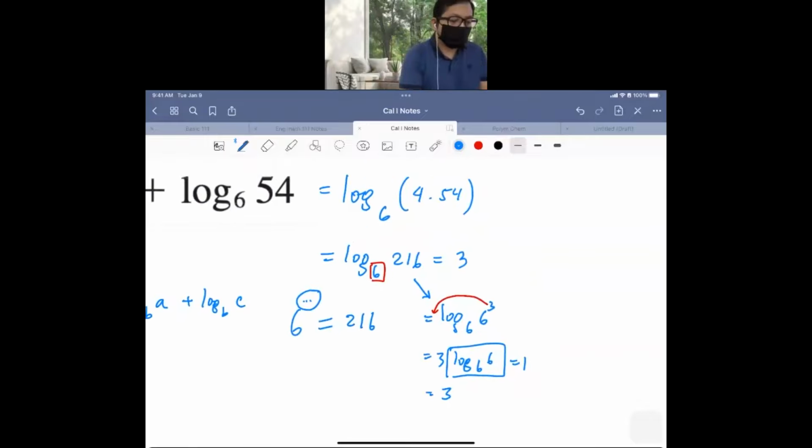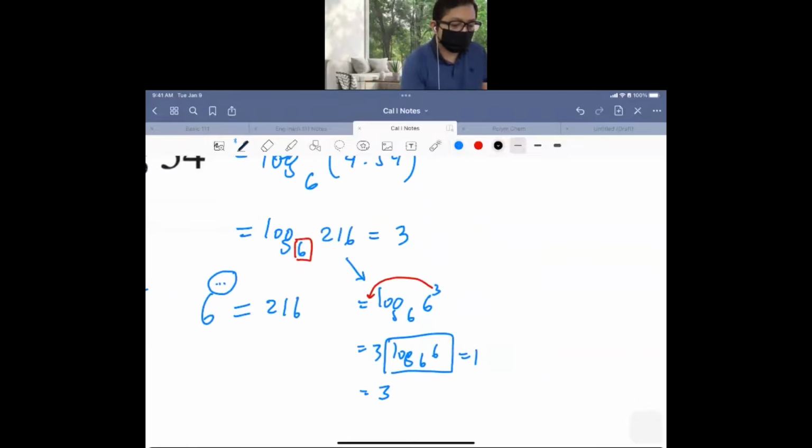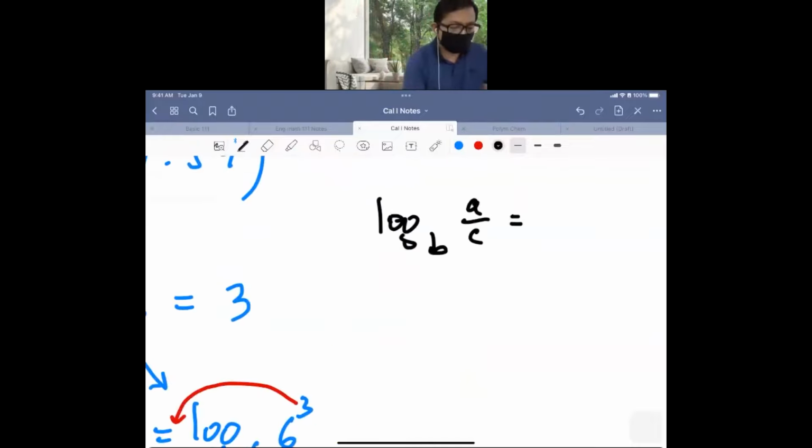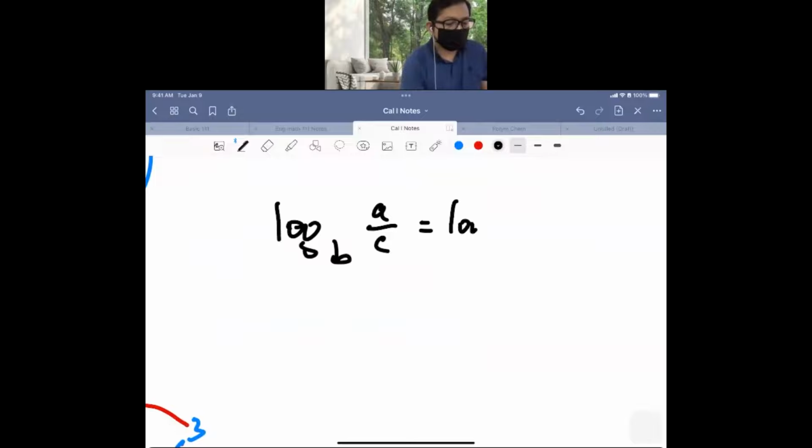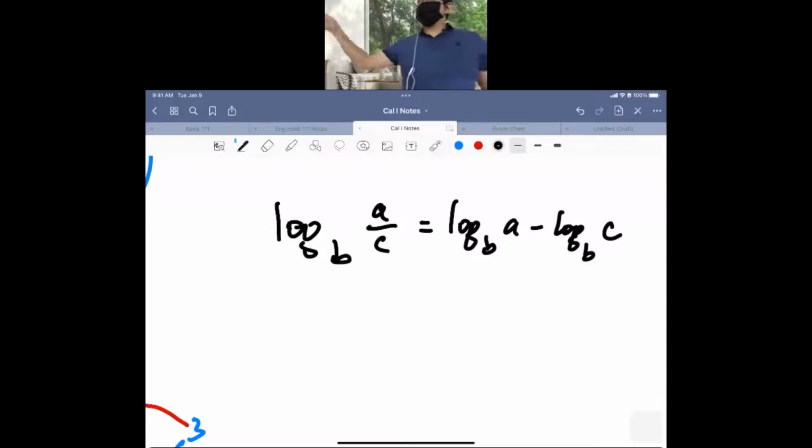And in a similar way, when we have, for example, log b of a over c, you have division now defined. Now this becomes log b a minus log b c.